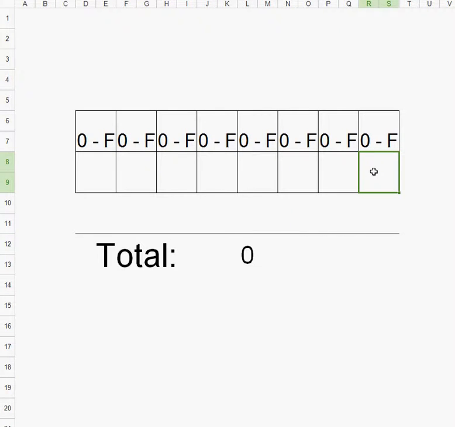So with hexadecimal, you have 16 different digits, beginning with 0 through 9, and then also the letters A through F. Now, 0 and 9 are exactly that. They count as a 0 through 9, and then A through F is considered 10 through 15.